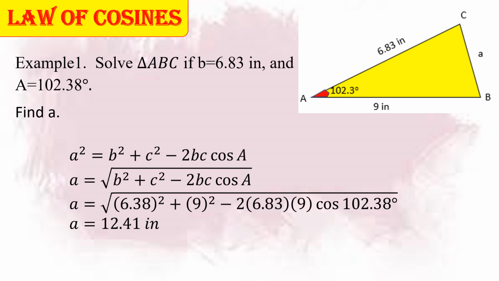And then, just get the value of the cosine 102.38 and multiply that to the negative of what you got for 2 times 6.83 times 9. And then, take the square root. Or you can also input it directly in your calculators: the square root of 6.83 squared plus 9 squared minus 2 times 6.83 times 9 times cosine 102.38 degrees, and that makes 12.41 inches. So that's the value of the side A.